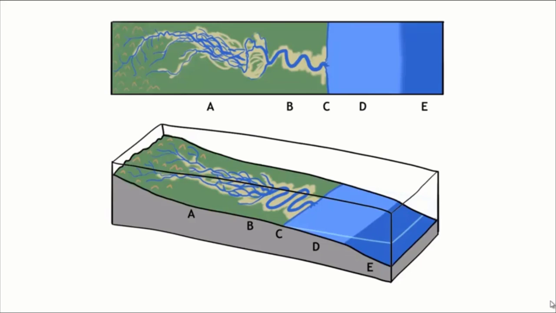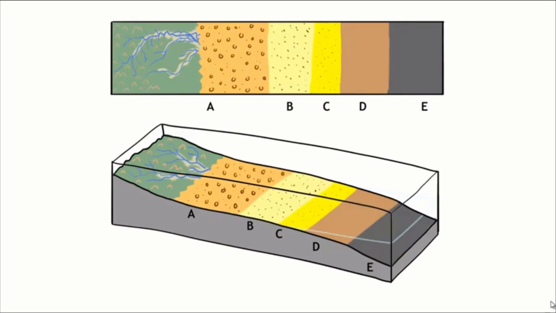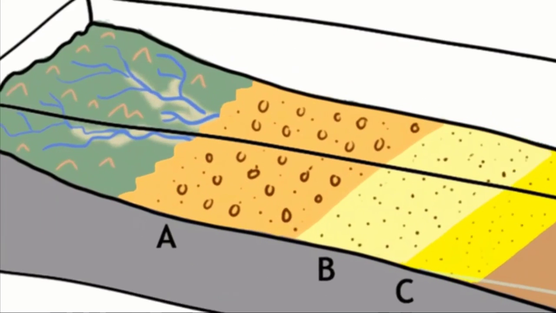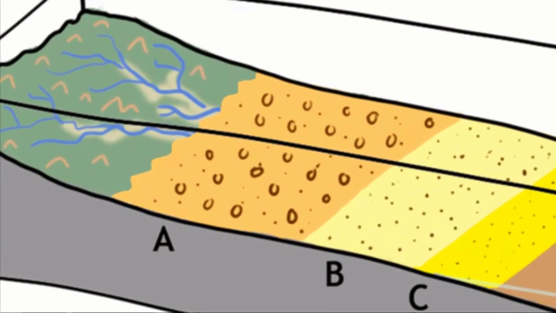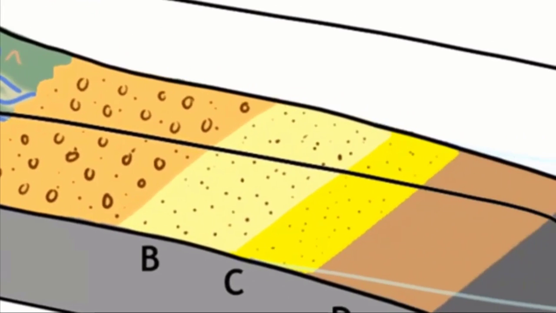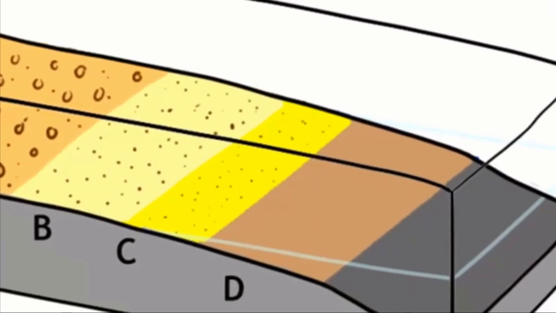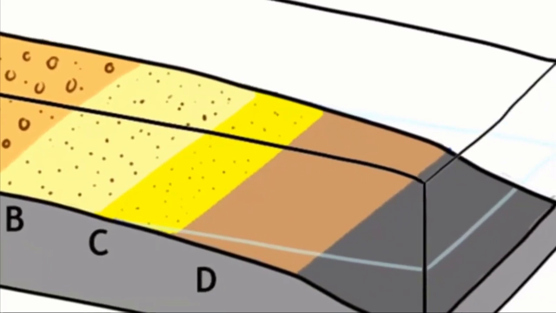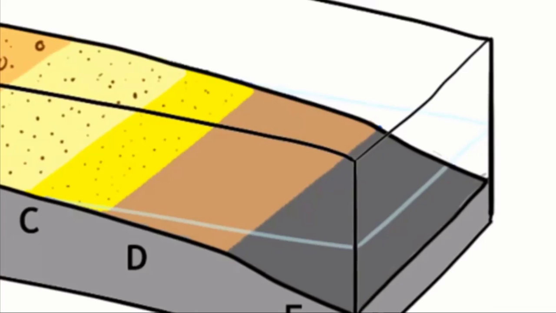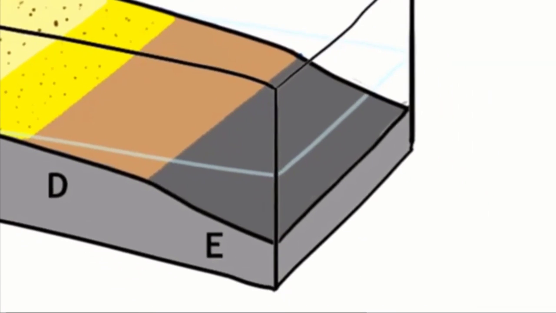Now we want to think about the sediments that accumulate in these different settings. So let's go ahead and put different sedimentary facies down here. So we've got kind of a gravel facies at the most upstream end of the system, then coarse sand at B, finer sand at C, and then offshore we've got silt for D, and then clay at location E, furthest offshore.